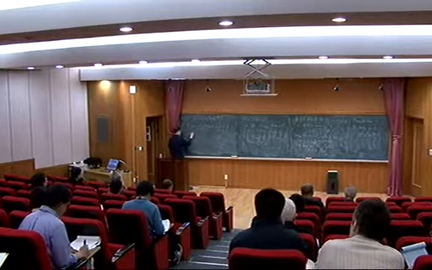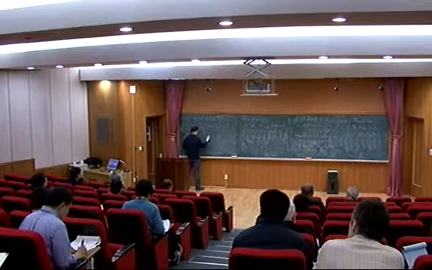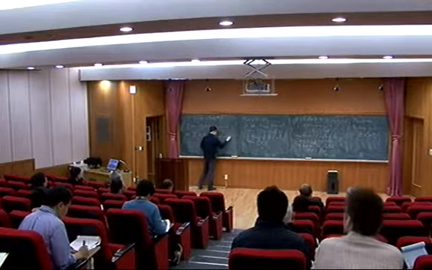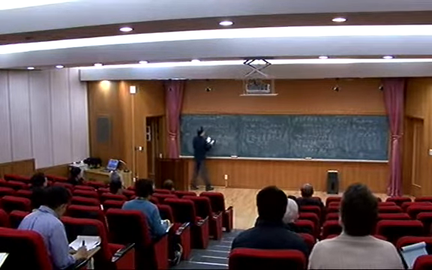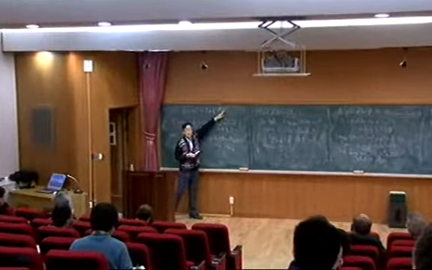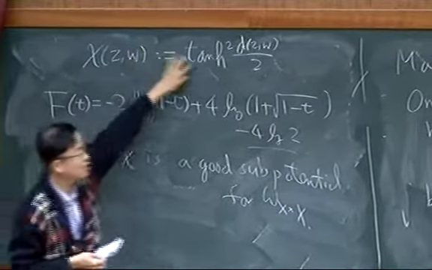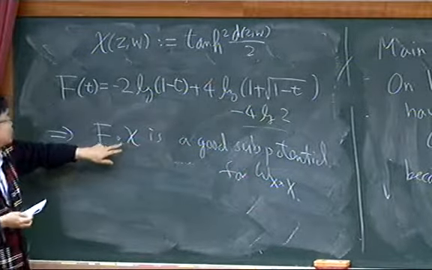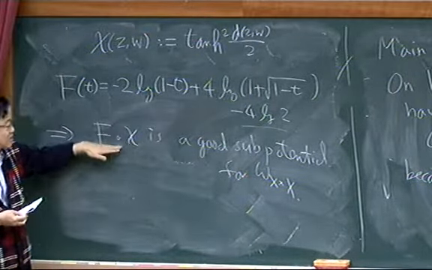Then F composed with chi is a good subpotential for omega. So this is essentially a distance function, a function of distance. This survives on the compact quotient, so this is a well-defined function on X cross X. And then we compose this function chi with this one variable function. And this gives the correct subpotential.